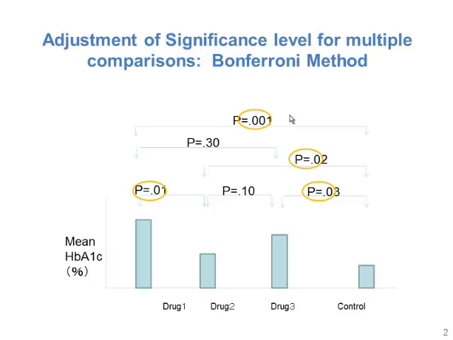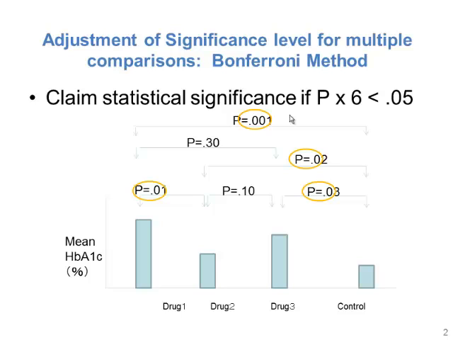Then you write up this analysis, and often reviewers say, well, you conducted 6 analyses, and therefore you can no longer compare these p-values with 5%. You have to inflate your p-value; in the Bonferroni method, for example, you multiply the p-value by the total number of comparisons, in this case 6. After you multiply, if the adjusted p-values are still less than 5%, you may conclude statistical significance.